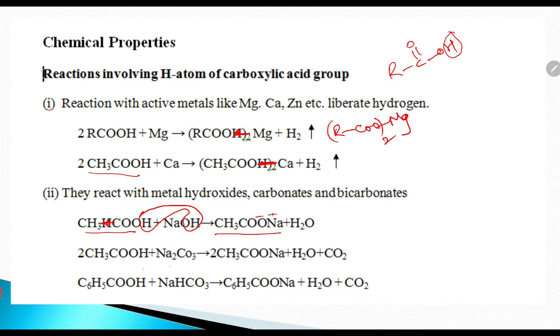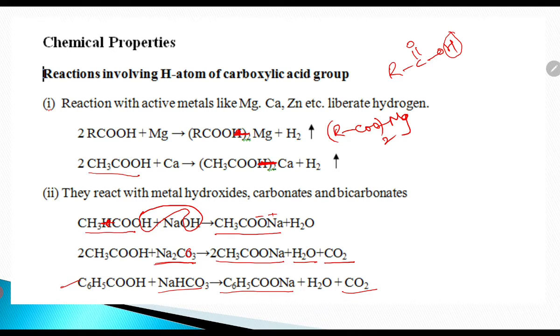that is CH3COO⁻ Na⁺, sodium acetate. When acetic acid is reacted with sodium carbonate, again the metal present is sodium, therefore we get sodium acetate again, and H2O plus CO2 is liberated here because we have taken the carbonate. Similarly, in the case of metal carbonates also, the metal carboxylate is obtained and CO2 is liberated. This is benzoic acid, C6H5COOH.